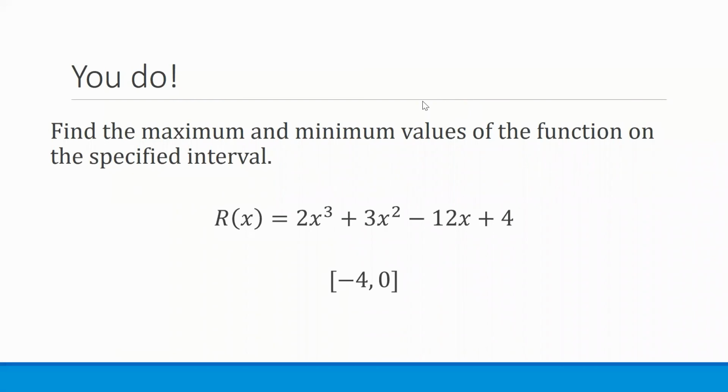I would like you to find the maximum and minimum values of the function on the interval between -4 and 0. Go ahead, push pause on the video and do that, and I'll show you how that's done in the next video.